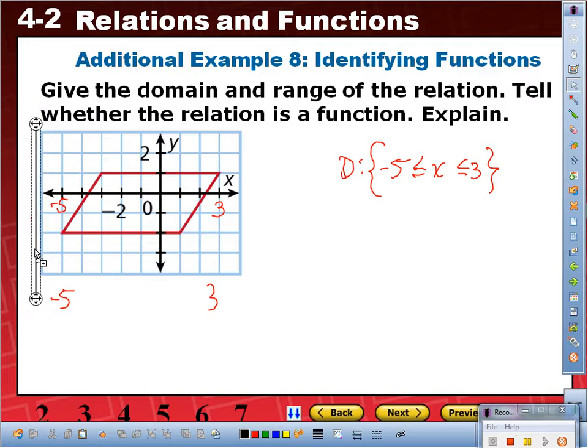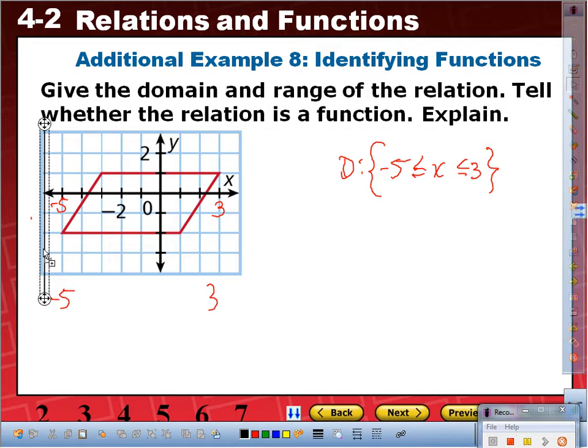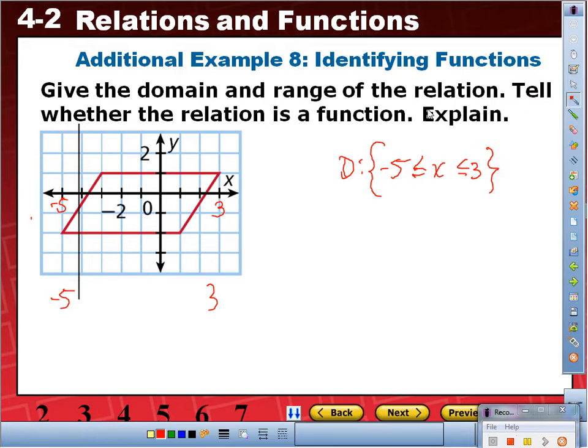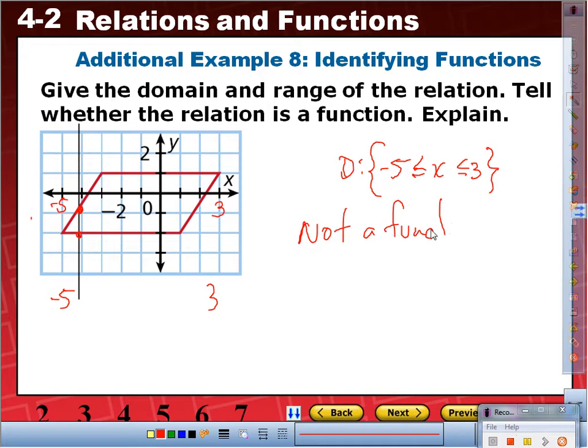As soon as the pencil touches two different values for x, do you see how the pencil touches here and here? Does everybody see that it touches here and here? Yes? Therefore, this is not a function. That's what we call the vertical line test.